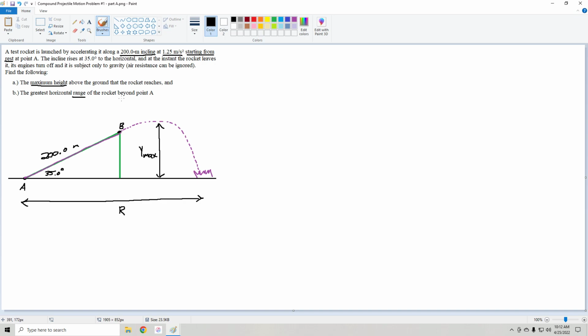Part of the difficulty in this problem lies in breaking this up into stages. And in fact, I'm going to do that right here and call this stage 1, where it's being accelerated along the length of the incline, and then stage 2, where the engines have been turned off and it's just subject to gravity.